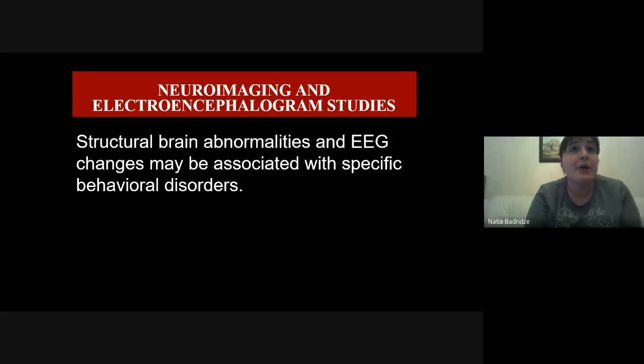For example, during schizophrenia, we have some structural changes, and we may see these structural brain changes via neuroimaging or EEG studies. So we are using different neuroimaging studies to identify the different structural changes in the brain which are specific to different behavioral disorders.